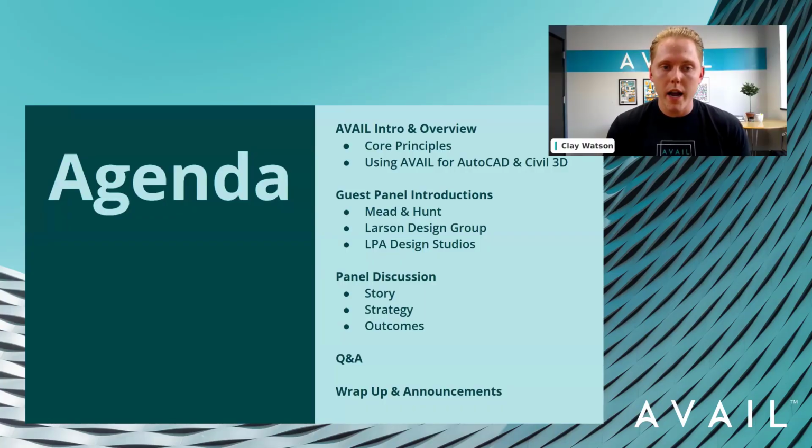We've got a brand new add-in for AutoCAD and Civil 3D, and it works hand in hand with our AVAIL desktop. So I'm going to show just the basic setup of how you can get that up and running, and then some of the value that you can get from this. What are some of the key features, some of the key takeaways that are beneficial from these workflows that we've added.